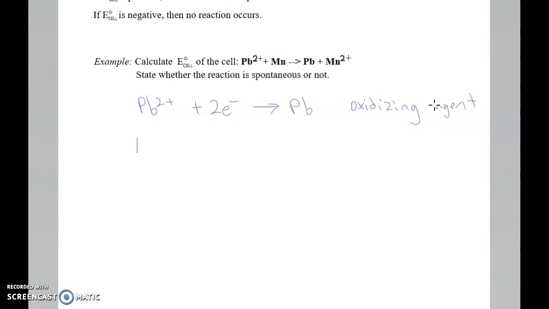Then we write out the half reaction of manganese, which is, it loses 2 electrons. And because it loses electrons, it undergoes oxidation and is therefore the reducing agent.